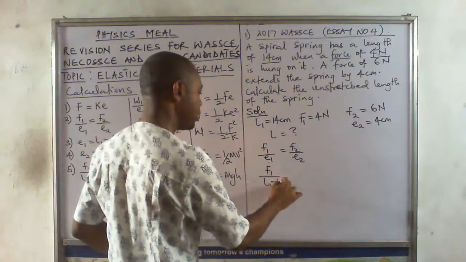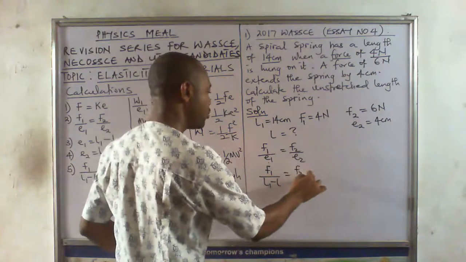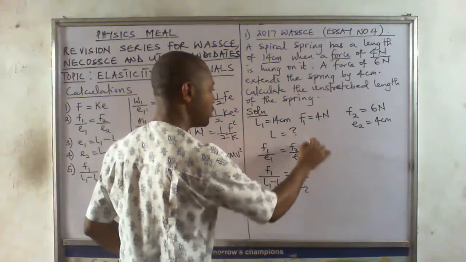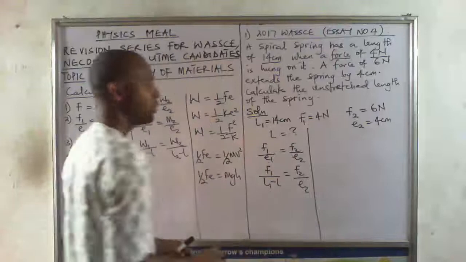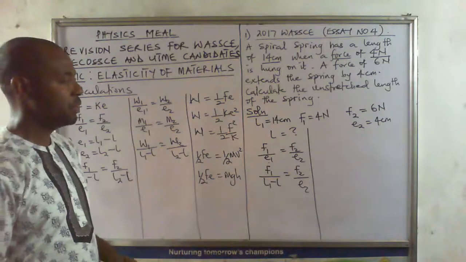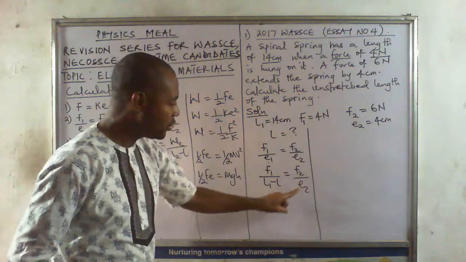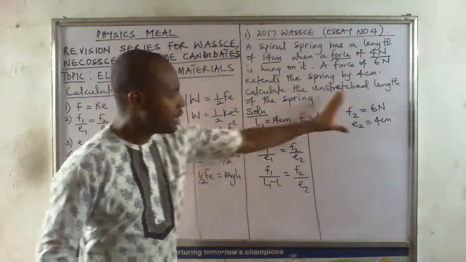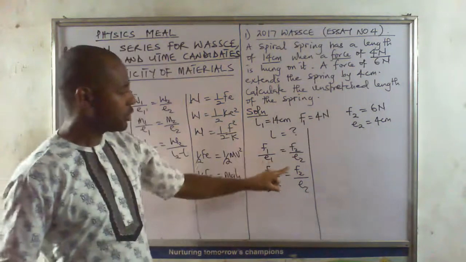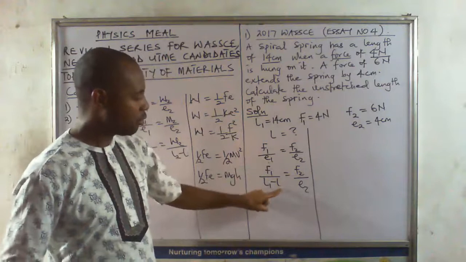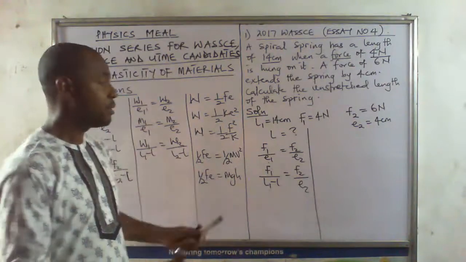L1 minus L equals F2 over what? E2. Beautiful. So I know F1, I know F2, I know E2, I know L1 from here. The only unknown is what? Is L, which I can find by solving.